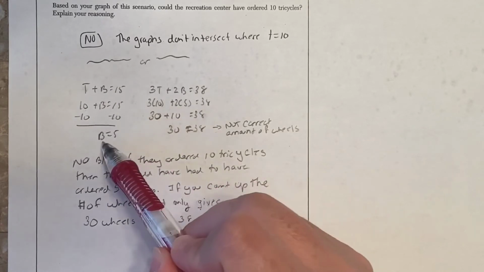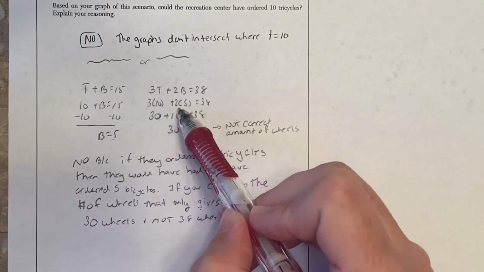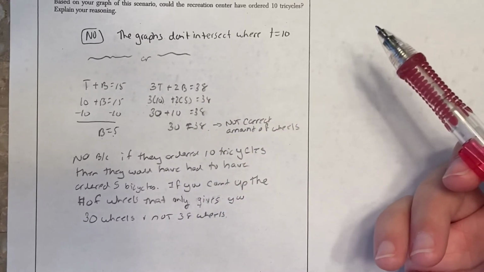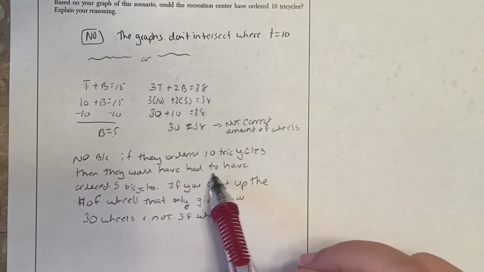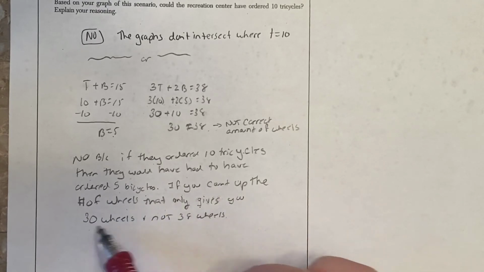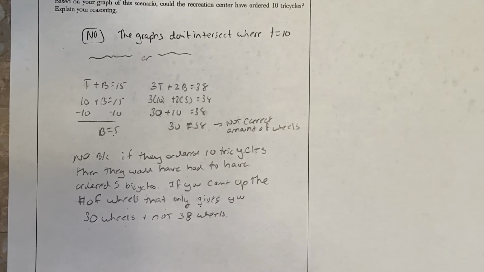I solved for the amount of bicycles, which was 5, and then I basically checked them. 3 times 10 is 30, 2 times 5 is 10, add it together. That's not giving me 38 wheels. It's only giving me 30. So no, because if they ordered 10 tricycles, then they would have to have ordered 5 bicycles. If you count up the number of wheels, that only gives you 30 wheels and not 38. So either way is good enough. Whichever way you wrote is correct.